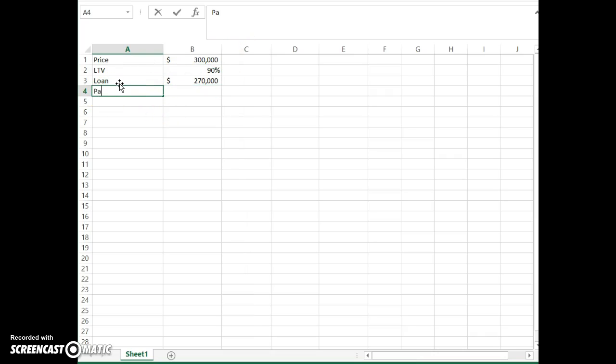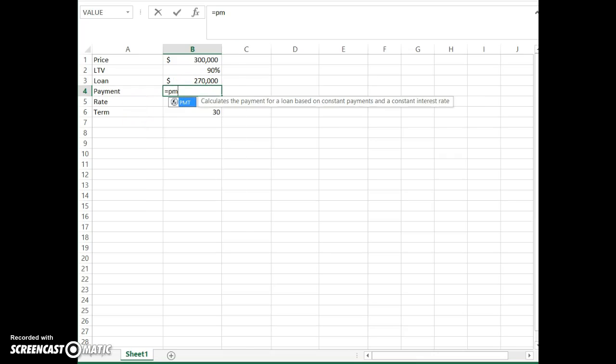Next, we're going to do the payment. But before we do the payment, we have to know the rate and the term. The rate is 6%. The term is 30 years. Now we can calculate the payment. We're using the PMT or payment calculation. We take the rate, which is 6%, divide that by 12 because we're doing monthly payments.